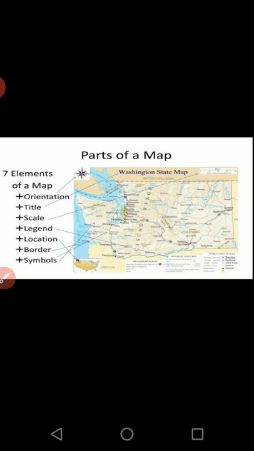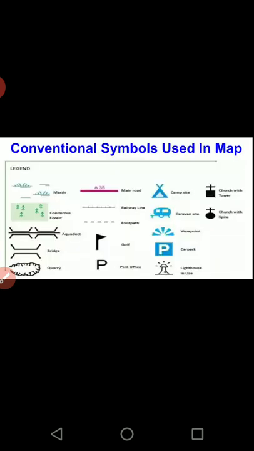Likewise, location, sometimes they give, sometimes they don't. Borders, like national boundaries and all, are also marked. And symbols are there, like in the earlier figure you have seen, colors they have used as the symbol. Every map, depending upon the theme of course, will use symbols.